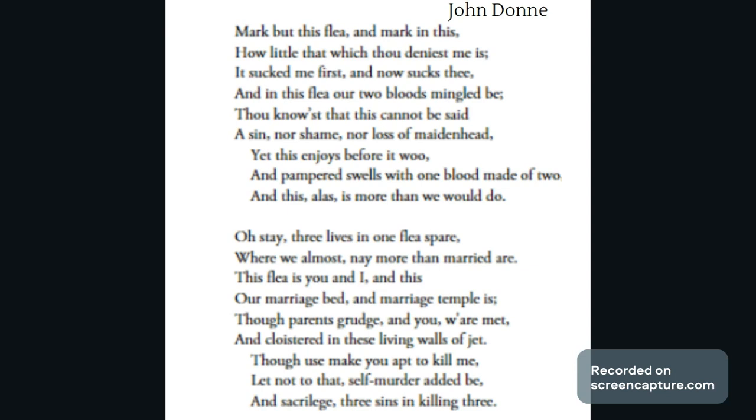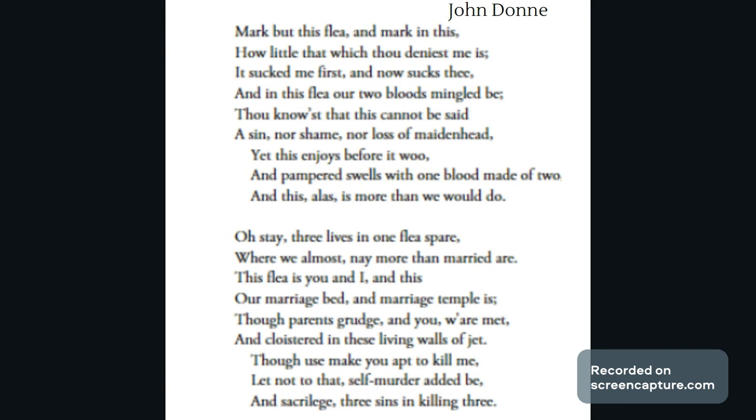Here we can see that the flea acts as a vehicle and is instrumentalized in order to represent how the lovers are together now, and they shouldn't be embarrassed of their affairs since the flea has sucked the blood of them both.